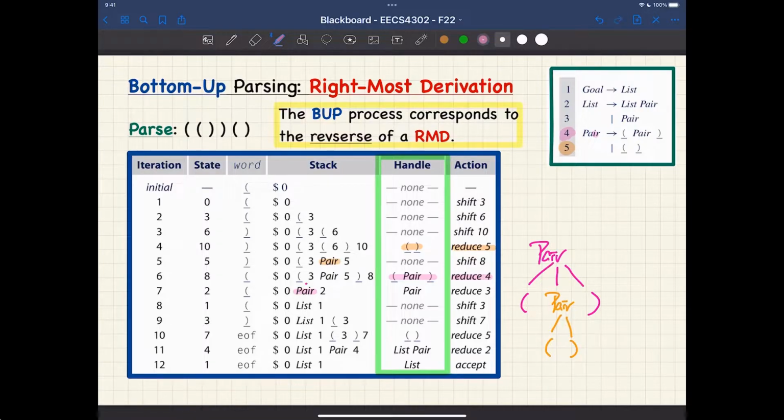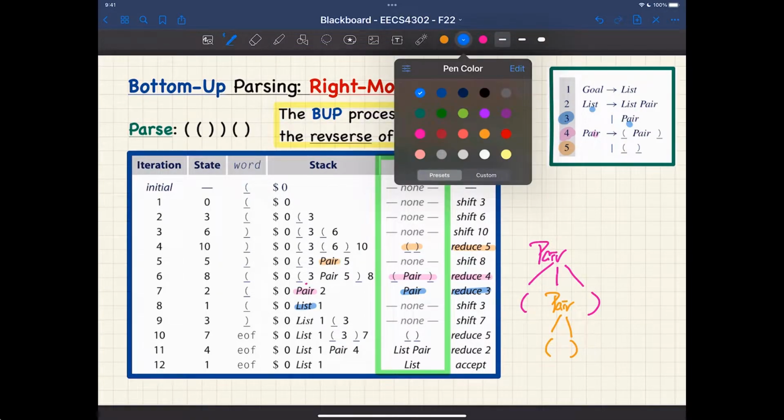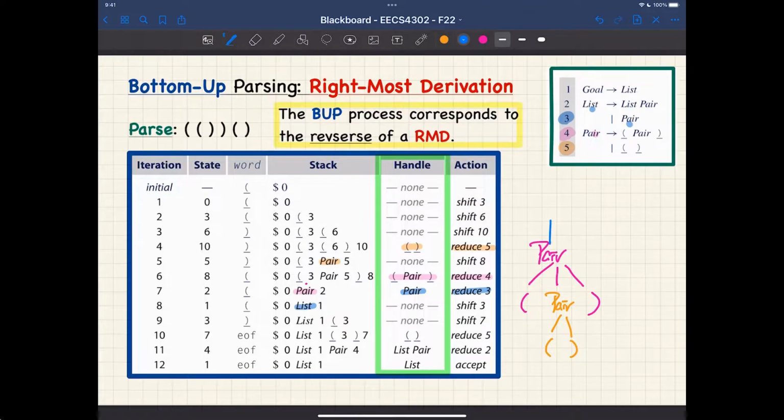The next one: for this pair over here, we're going to reduce it using rule number 3, which is over here. List produces pair, so we can reduce pair into list. Let's try this again. We're going to reduce that into a list. So far, so good.